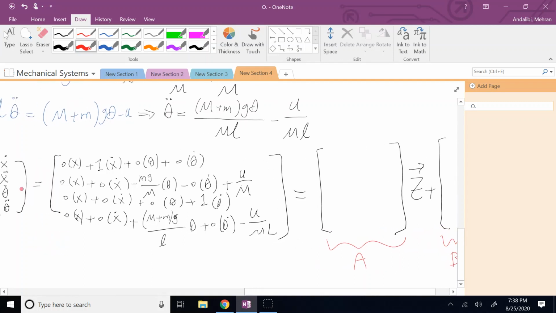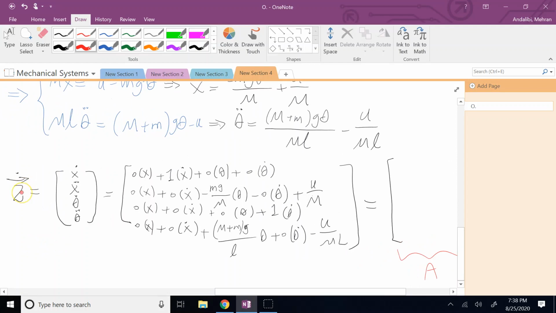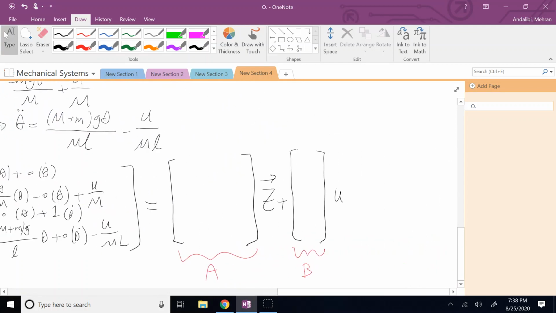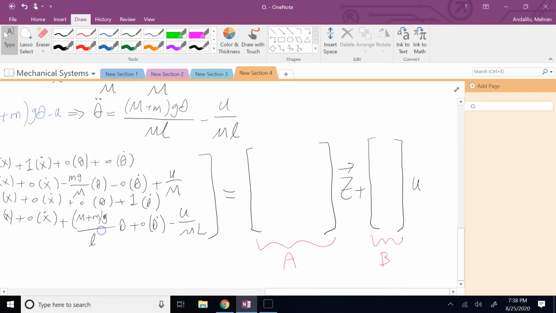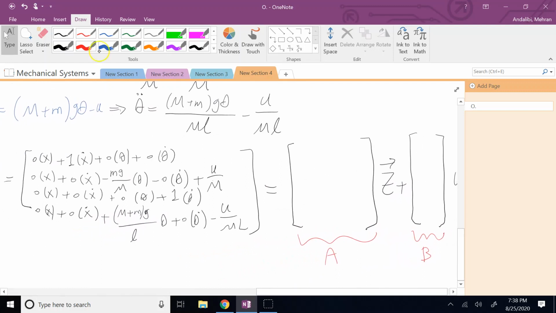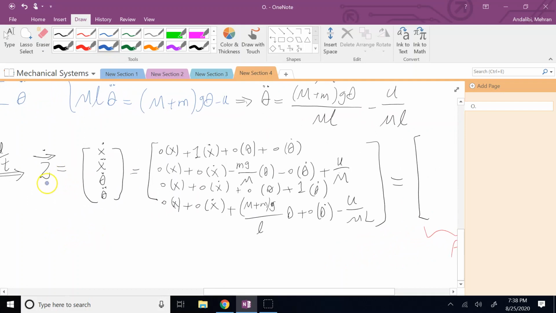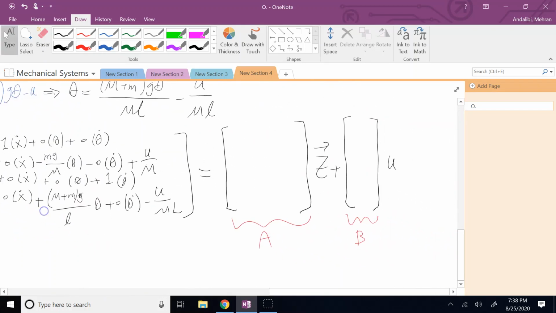Z dot equals A times z plus B times u. And where do I get the coefficients of this, and what are the dimensions? Clearly you see, because z dot itself is a 4 by 1, and z is a 4 by 1, and u is a 1 by 1, so matrix A has to be 4 by 4, and B has to be a 4 by 1.